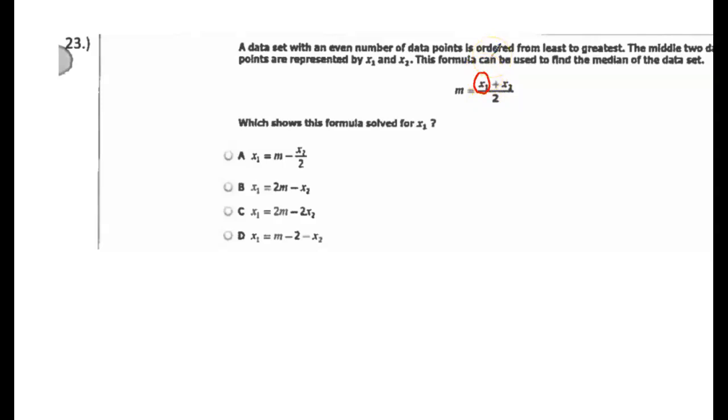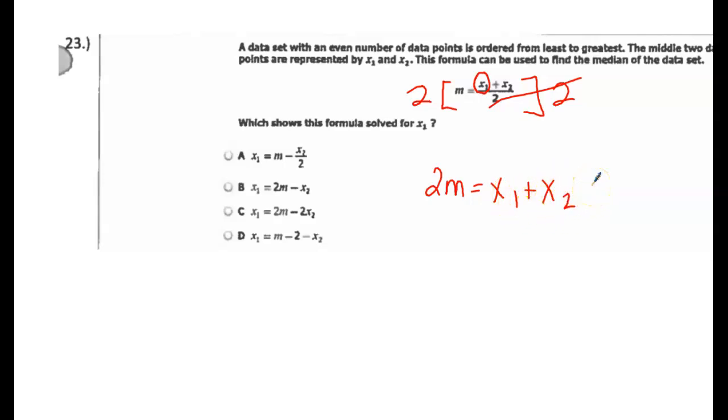In order to get x1 by itself, we need to start by multiplying both sides by 2. That will be our first step. We're going to get rid of that fraction. So I'm going to multiply the left by 2 and the right by 2. So I end up with 2m is equal to, now these 2's cancel out because 2 divided by 2 is 1, so 2m is equal to x1 plus x2.